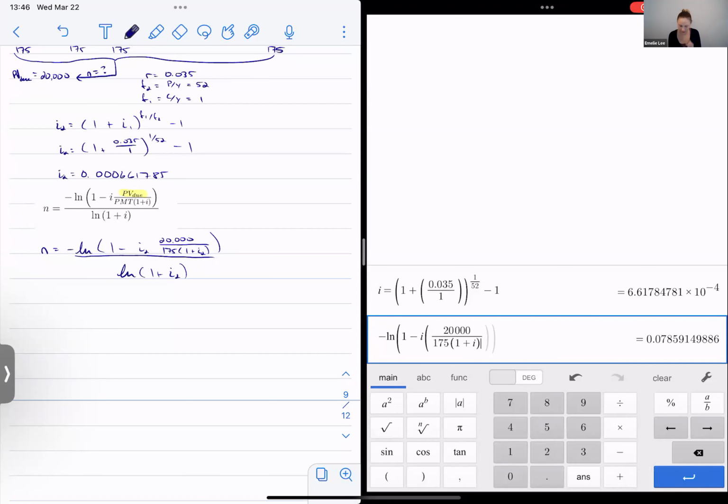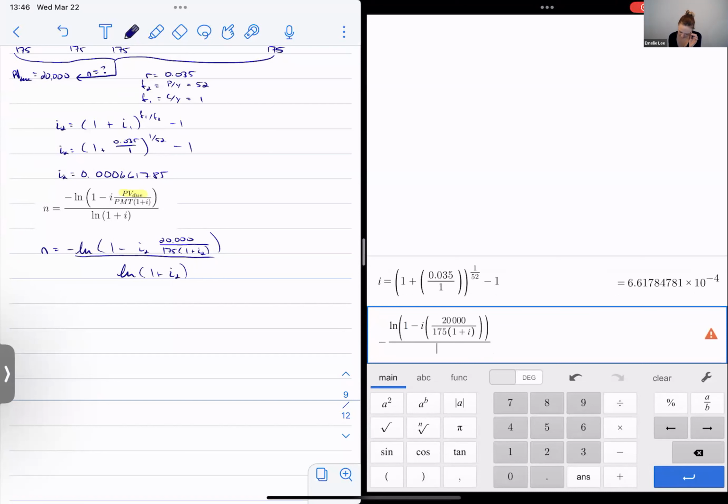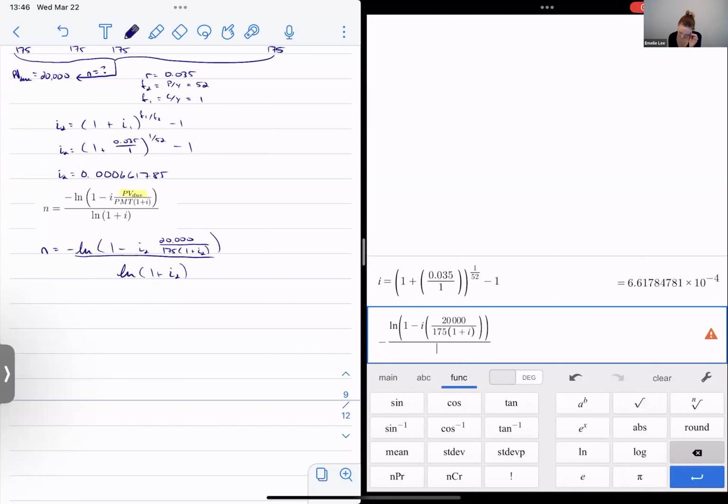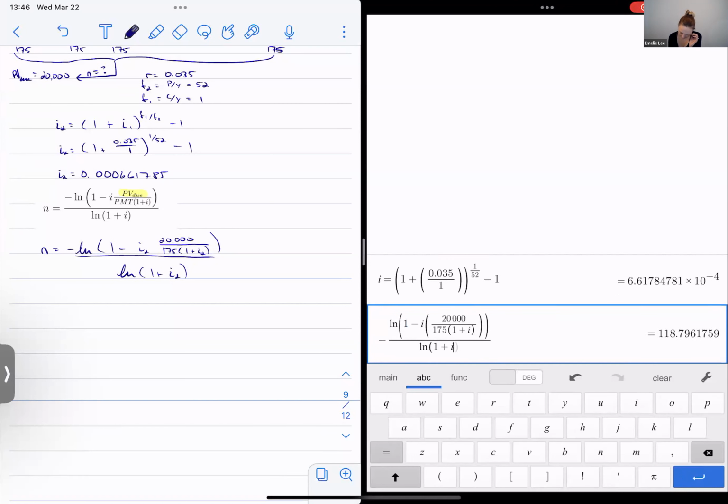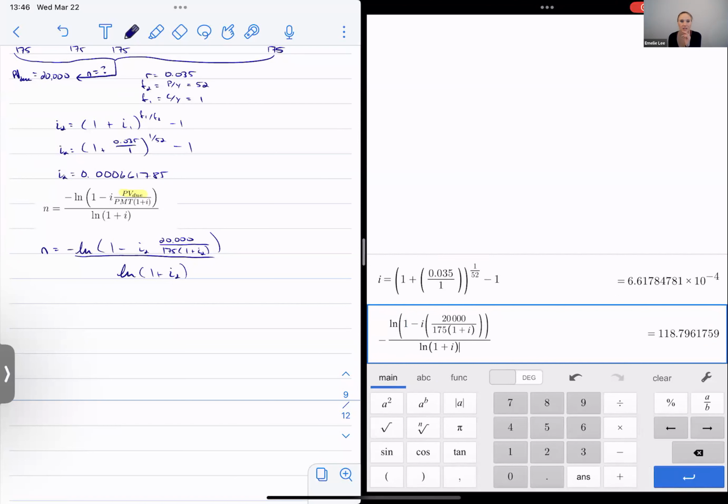Close that bracket. Just make sure it looks the same. 1 plus I, 175. Okay. Close that bracket for the log, and then divided by the log of 1 plus I. Whew. Not too bad when we're using Desmos, right?